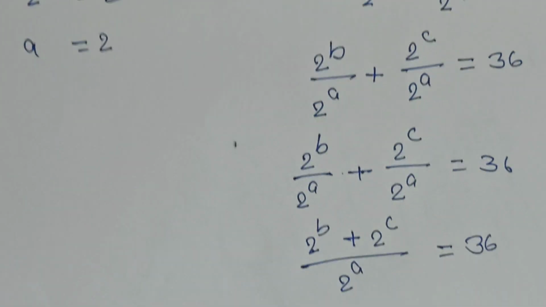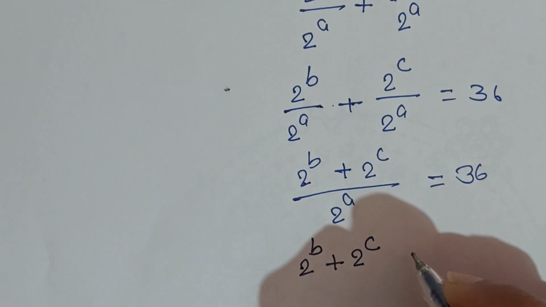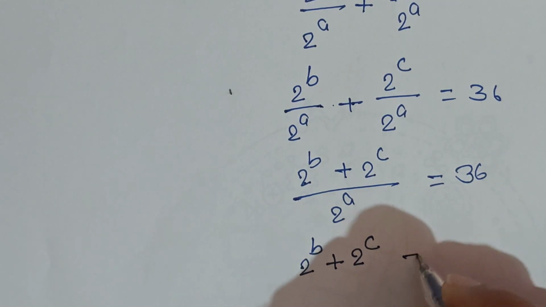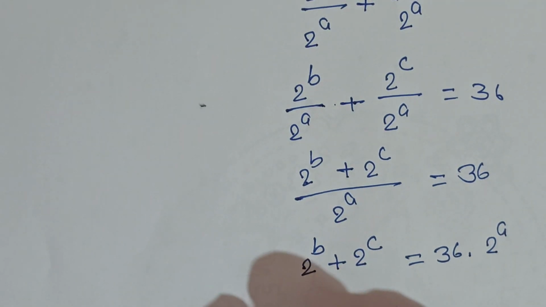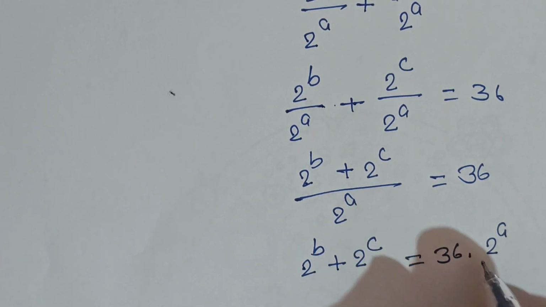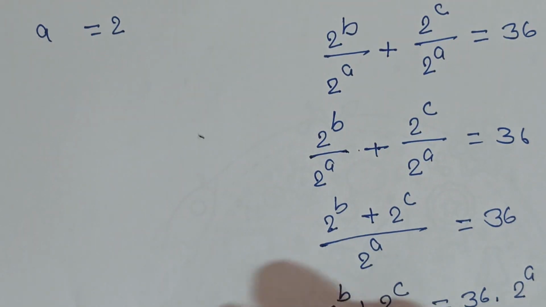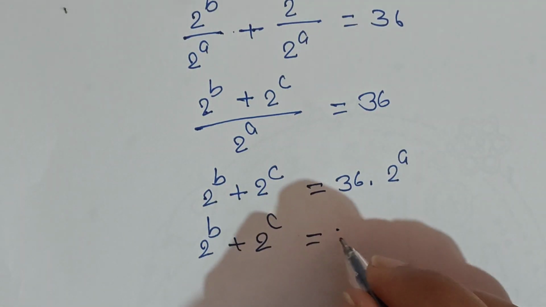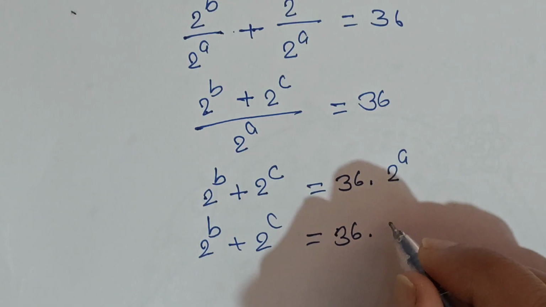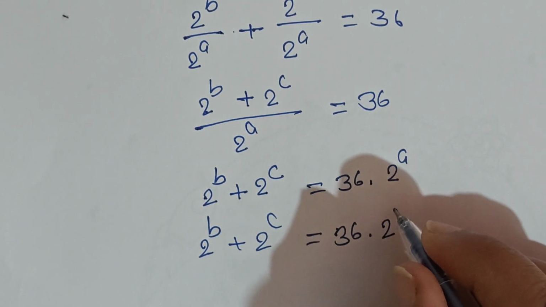2 to the power b plus 2 to the power c is equal to 36 into 2 to the power a. Here 2 to the power a is equal to 2 to the power 2, so put the value of 2 to the power a, 2 to the power 2.